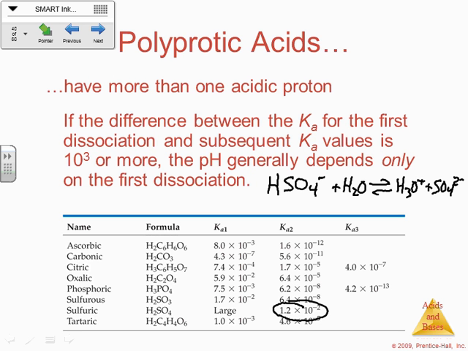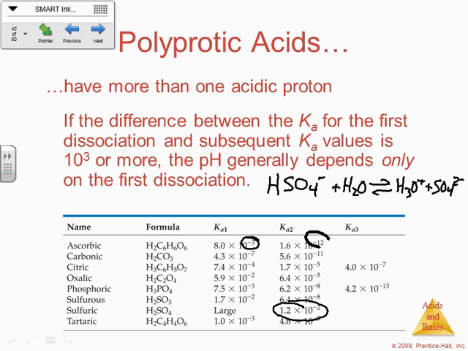So then they're saying if the difference between the Ka for the first dissociation and the subsequent Ka is 10 to the third or more, then you can basically just say the pH only depends on the first hydrogen that comes off. All right, so for example, ascorbic acid, I guess, is a good example of that. Its first Ka is 8.0 times 10 to the negative third.